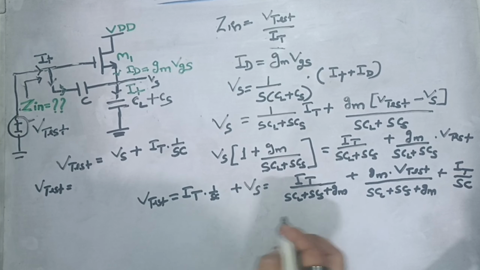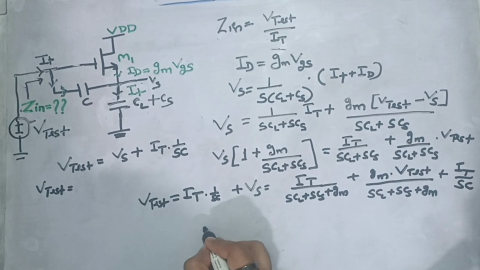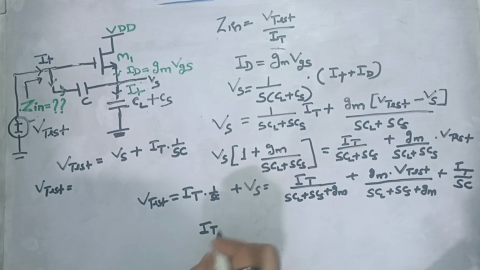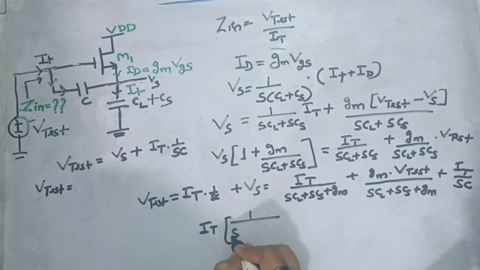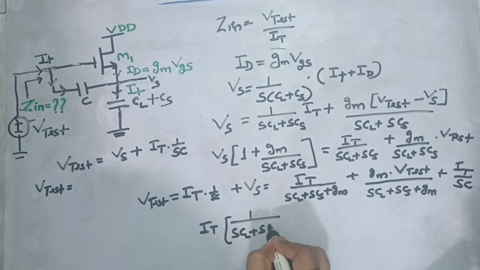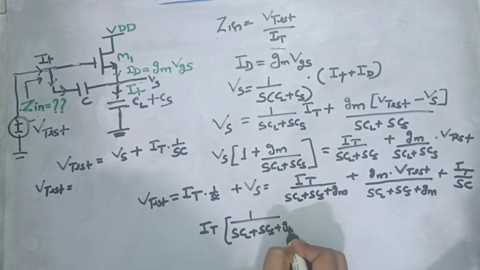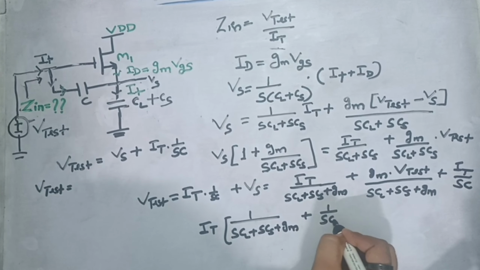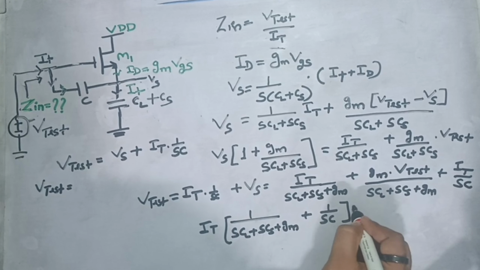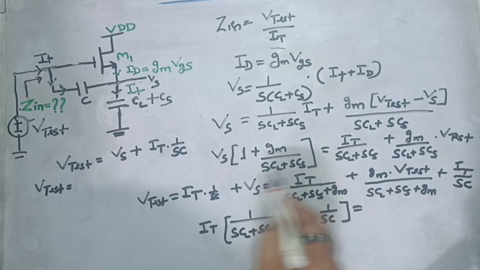Now if I take IT as common, I will get 1 upon SCL plus SCS plus Gm plus 1 upon SC. This I will get divided by V test. I can bring this parameter on the left hand side.